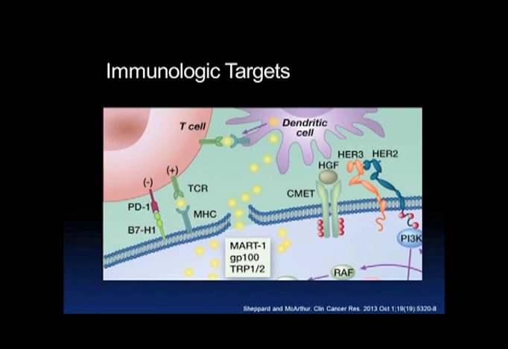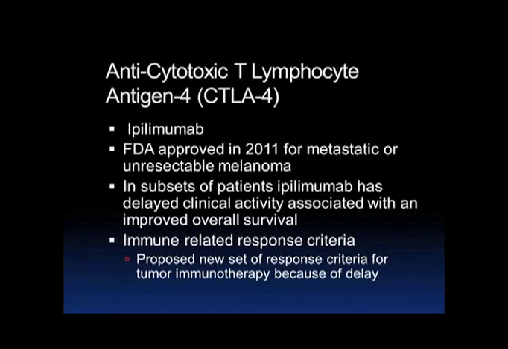CTLA-4 have been targeted. And just to briefly mention, CTLA-4, anti-cytotoxic T lymphocyte antigen 4, the drug is ipilimumab. This was approved by the FDA in 2011 for metastatic or unresectable melanoma.